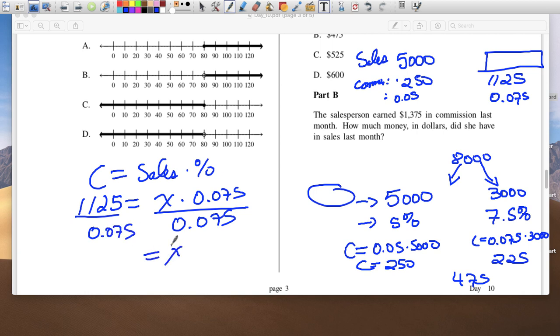So X equals 15,000. So apart from her initial 5,000, for which she got 250, she then sold $15,000 worth of items to get 1,125. And then together, these two commissions at these two different rates earn this amount. Good question.